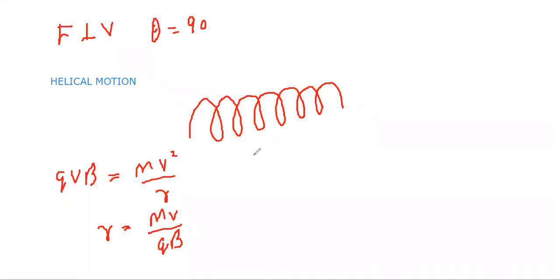Now we also know that v is equal to r omega, that is, linear velocity is equal to radius into angular velocity or angular speed. So if you put the value of r here, what do you get? mv by qB. And what is the formula of omega? That is 2 pi f, 2 pi into frequency.